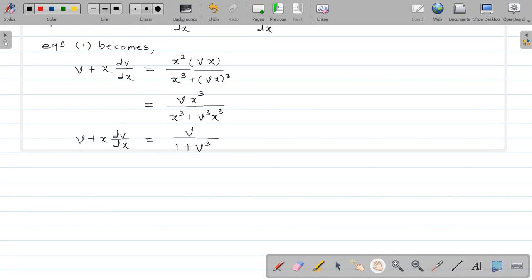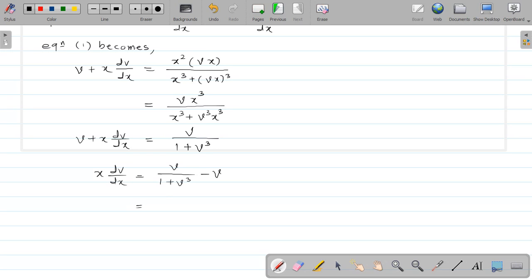Now we just have to rearrange this in variable separable form. For that I will write x into dv by dx is equal to v upon 1 plus v cube minus v.